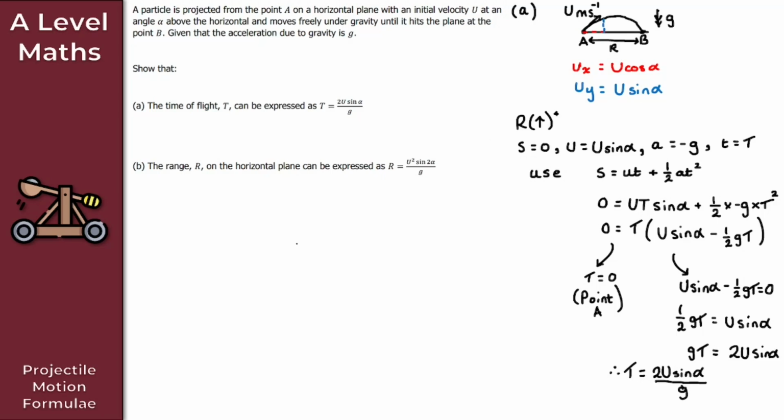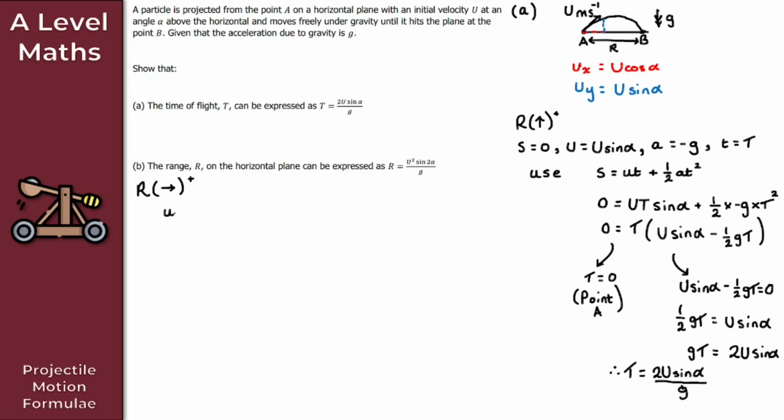So for the range, what we need to do is just resolve horizontally. If we're looking for the range, it would make sense to resolve horizontally, taking right as positive. And because we know when we resolve horizontally that the acceleration is equal to 0, we can simply use s equals vt.